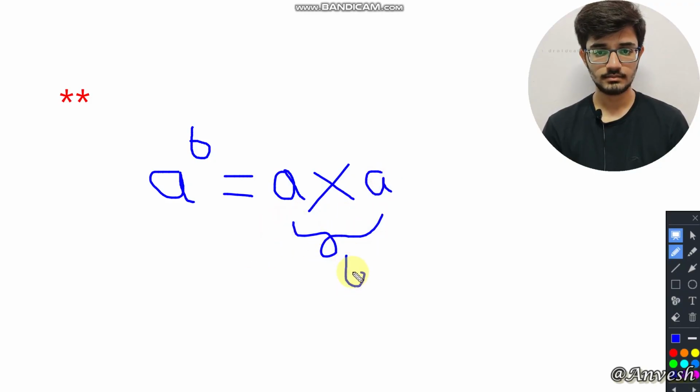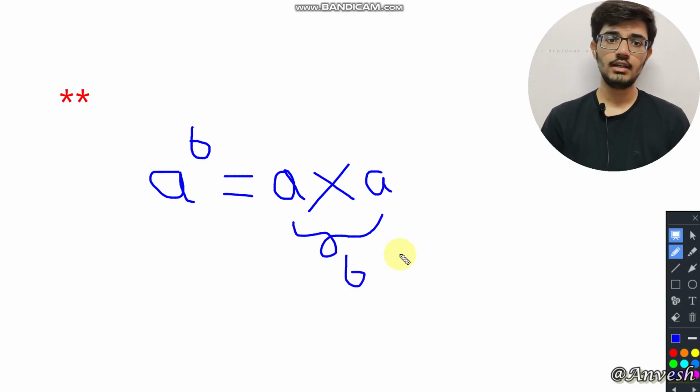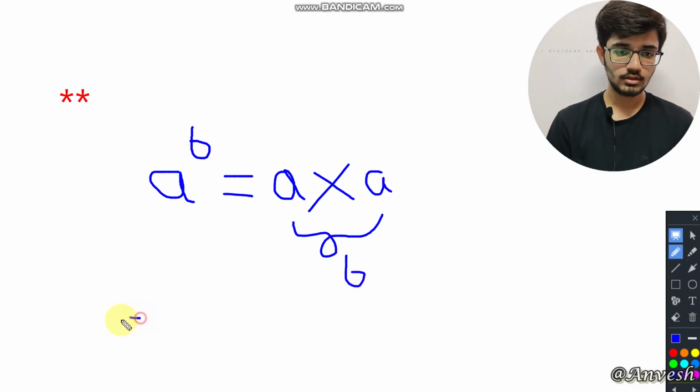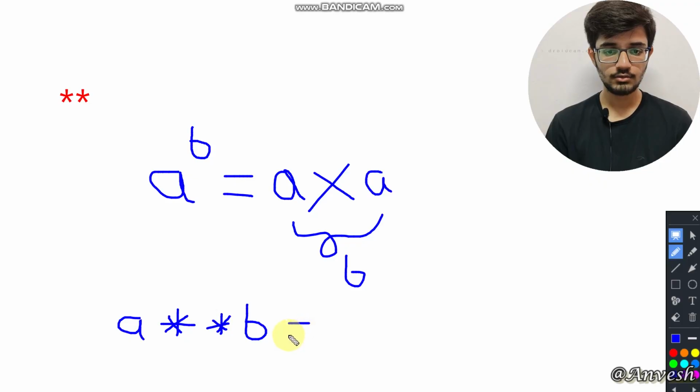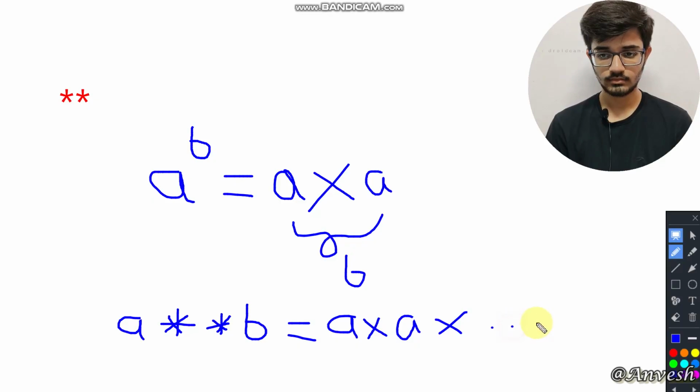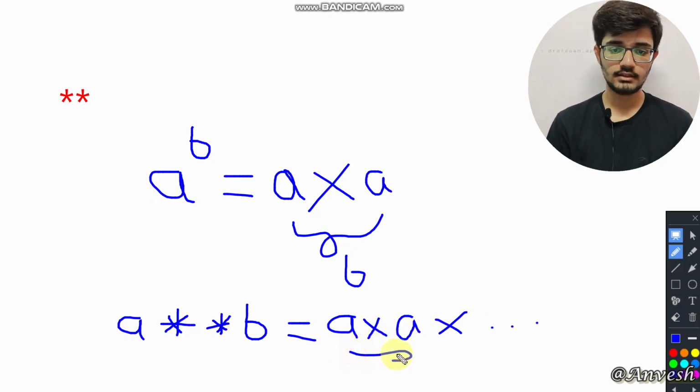In a similar way, we do it with the asterisk symbol. A power b: similarly, we do a into a, and so on, n times, like this.